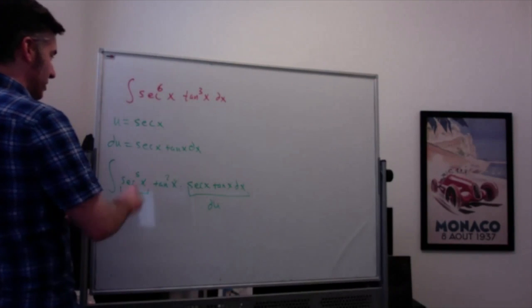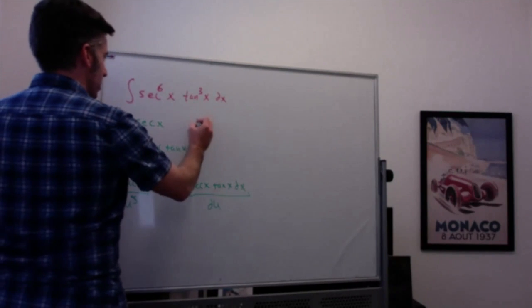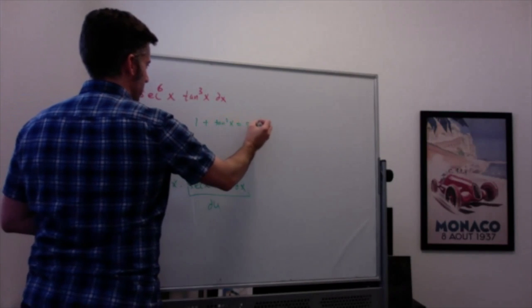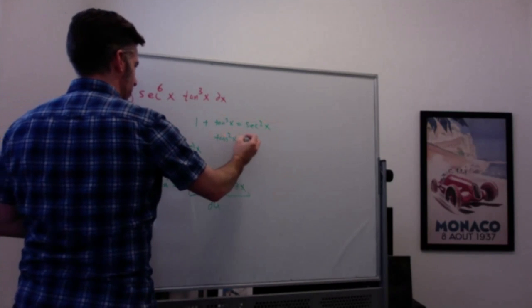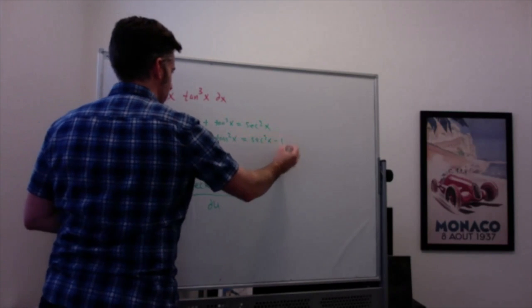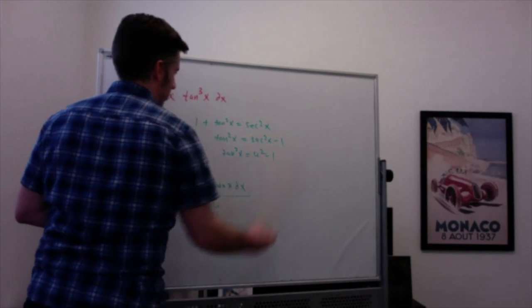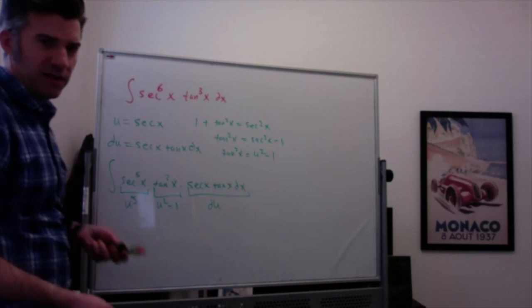Secant to the fifth is u to the fifth. And tangent squared, let's see, 1 plus tangent squared x equals secant squared x. So tangent squared x equals secant squared x minus 1. So tangent squared x equals u squared minus 1. And the rest is pretty straightforward, right?